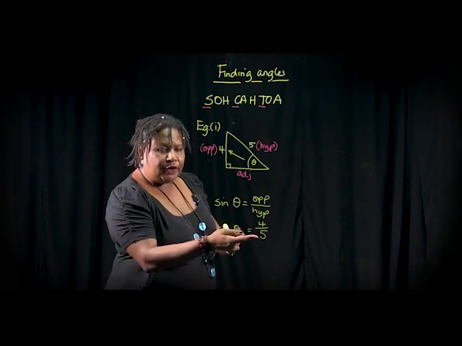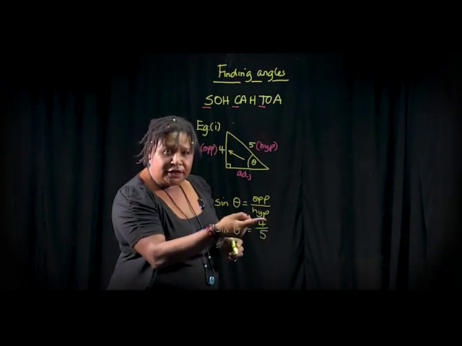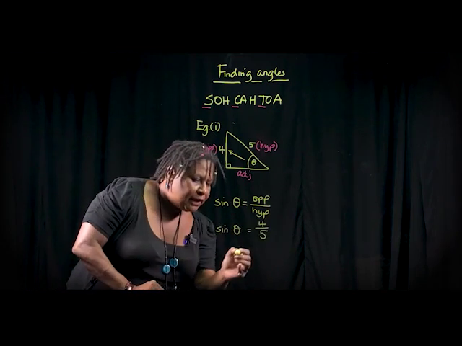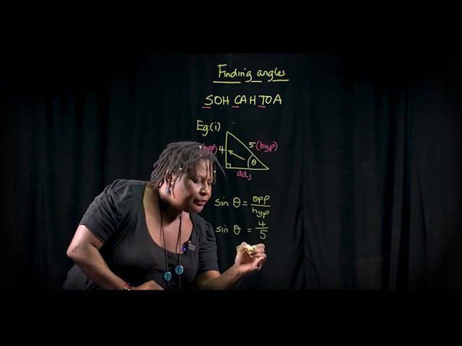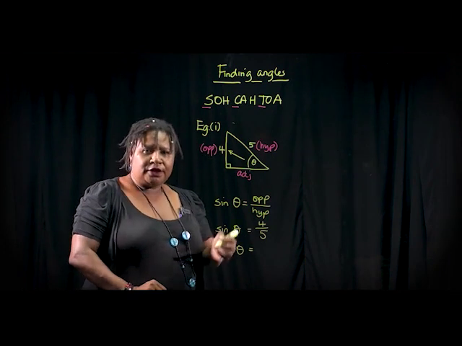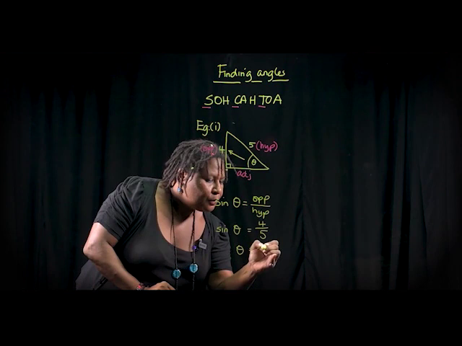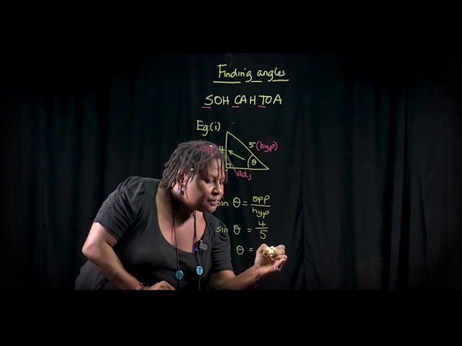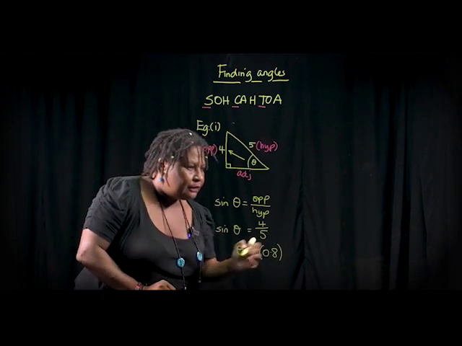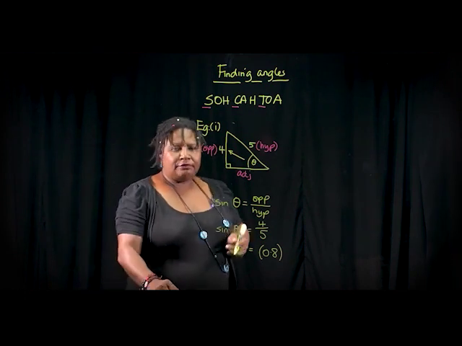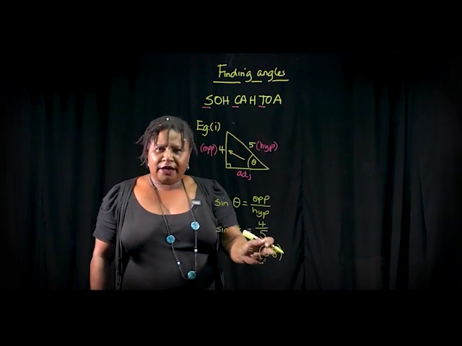Okay, now at this point you will have to do the division. Okay, 4 divided by 5 is going to give you 0.8. Okay, now this is not the value of the angle.